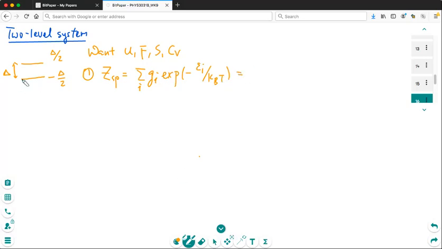And I come and read this energy spectrum. I know I have the degeneracy of 1 for minus delta over 2. So I plug it in. And then I have another one which I need to consider, that is this level here. So I plug it in. I have this. That's it.